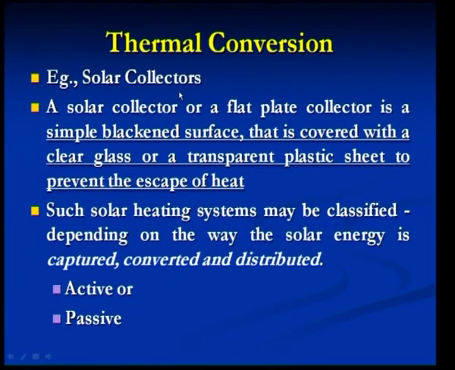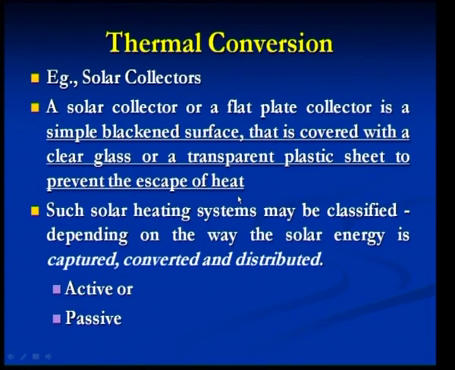Another example is the solar collector, the one which you have seen in the earlier picture also. How do we define the solar collector? A solar collector or a flat plate collector is simply a blackened surface that is covered with a clear glass or a transparent plastic sheet to prevent the escape of heat.